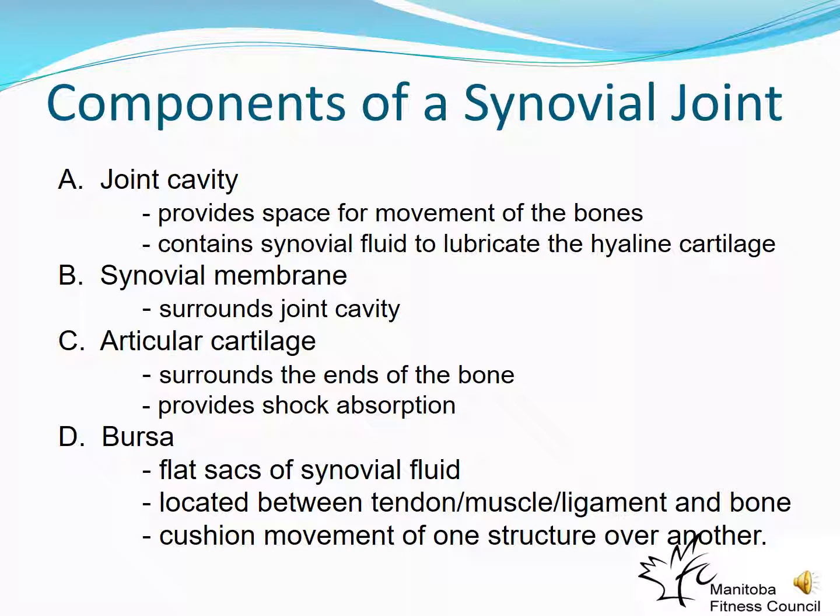Essentially, it's just a soft, cushiony pad. So when something such as a tendon, a ligament or a muscle rubs against a bone, it doesn't get irritated. That's all the bursa does, is give cushioning. It's going to protect these two structures. So let's take a visual of what the synovial joint looks like.